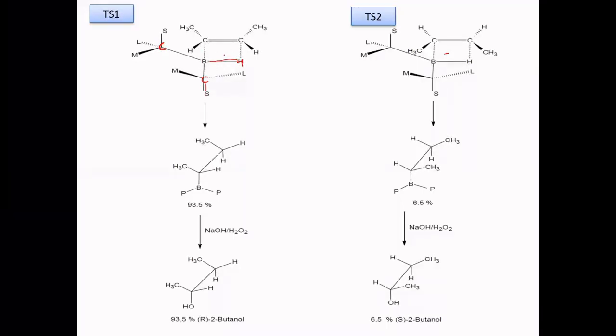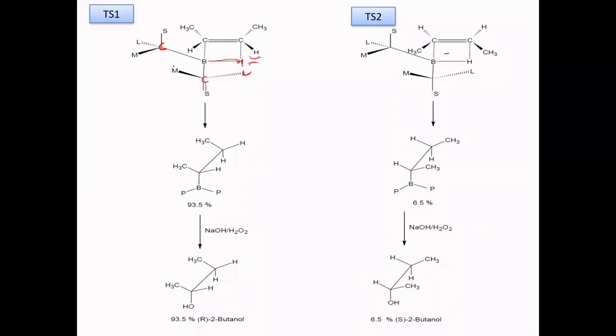Okay, now you tell me whether transition state 1 is feasible or transition state 2 is feasible. If you see this particular case, here this large group will work. Look here, in this case you can see this large group is away from the plane, and this proton is coming towards the plane. So there is some interaction here, but not that much, because they are not in the same plane first of all.